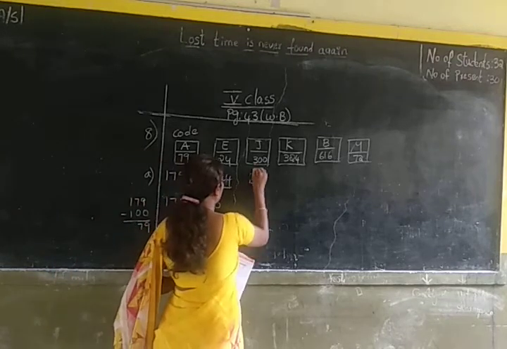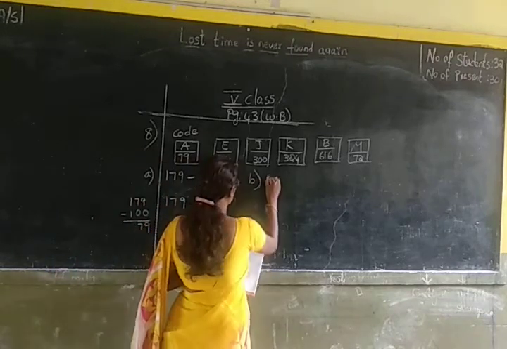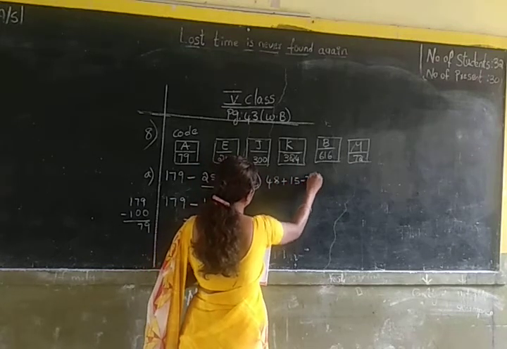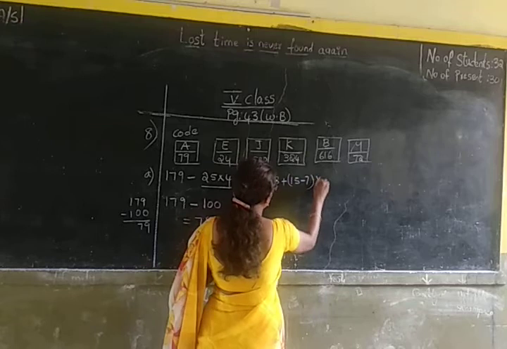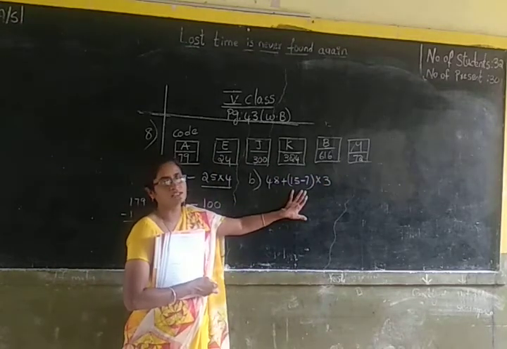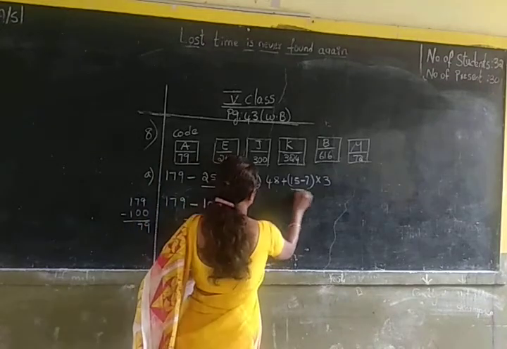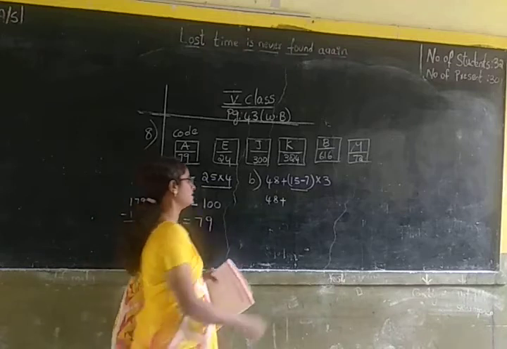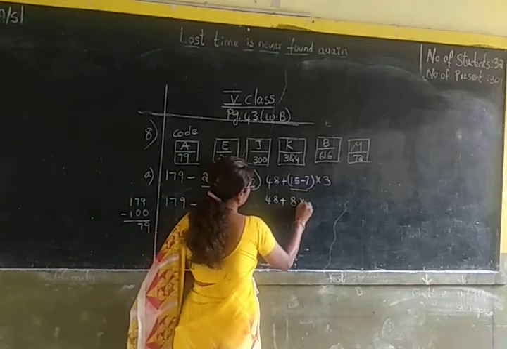Now let us solve the second question: 48 plus (15 minus 7) into 3. According to the BODMAS rule, first we have to solve the terms inside the bracket. So 15 minus 7 is 8. Then 8 into 3.